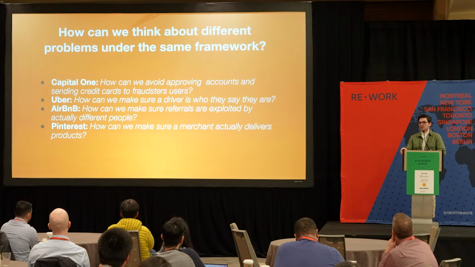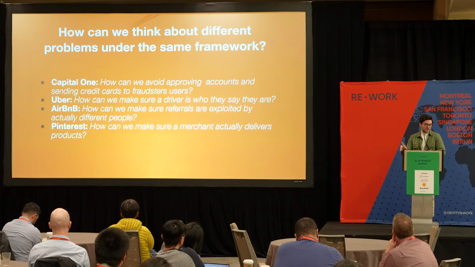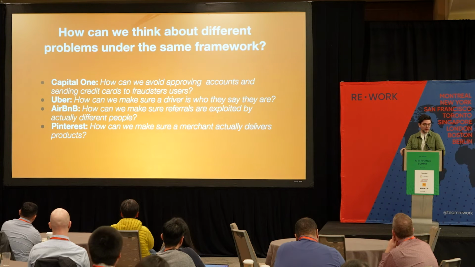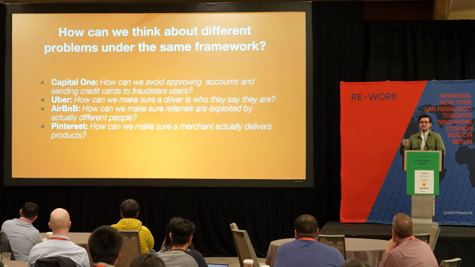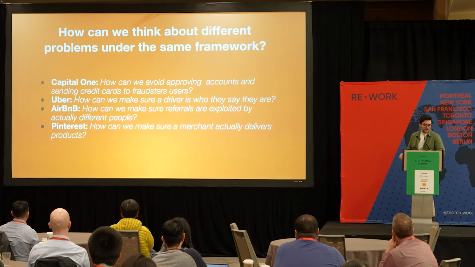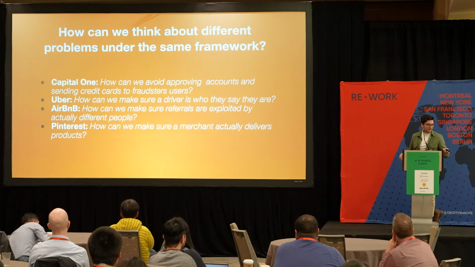Uber really cares about the verification of their customers. They were also our customer. At Airbnb, how do you make sure that referrals aren't exploited, that they come from actually different people and it's not just the same person opening multiple accounts? And at Pinterest, how can you make sure that a merchant actually delivers their products, and that those are the ones getting distributed?